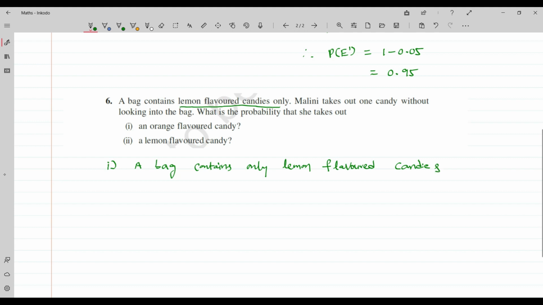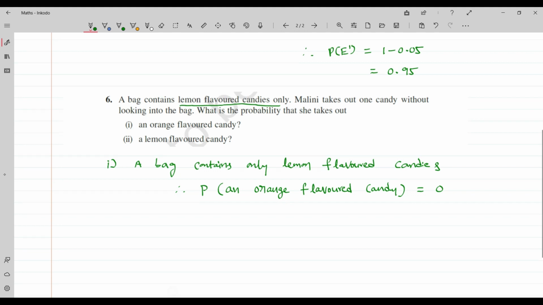Therefore, the probability of an orange flavored candy is equal to 0. Here P of E is equal to 0. So this event is called an impossible event. Now let's see the second part. In the second part they're asking the probability of getting a lemon flavored candy.